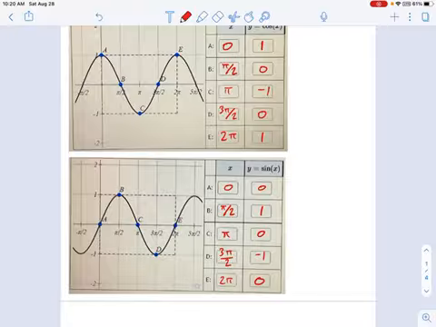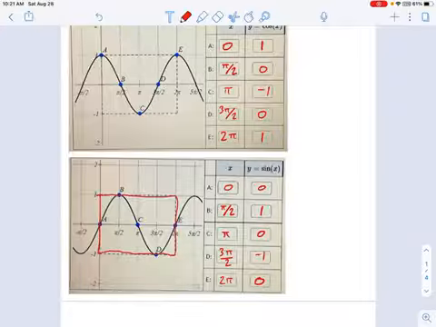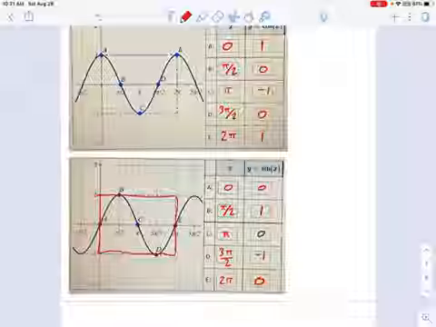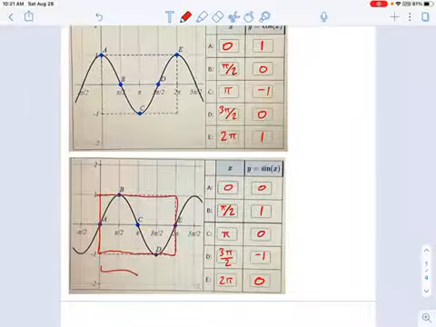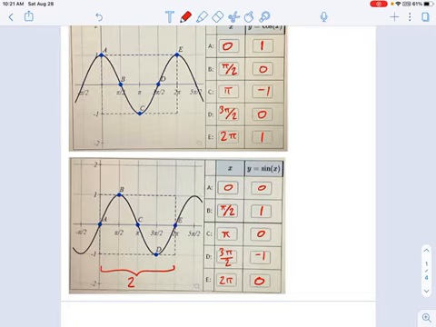So you see that both of these parent functions have what we could think of in terms of a length. How wide is this little graphing window that I just drew there? How far does it go in this direction? And you can see that for each one, the length of that box in x is 2 pi. 2 pi is very important.